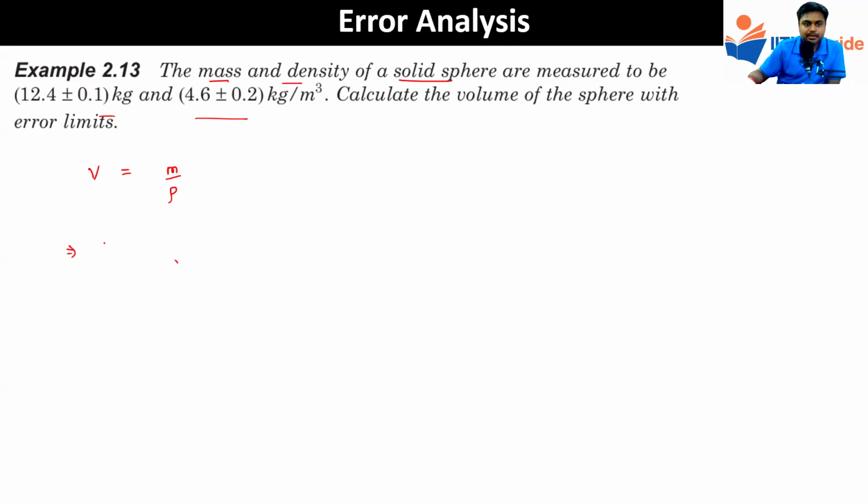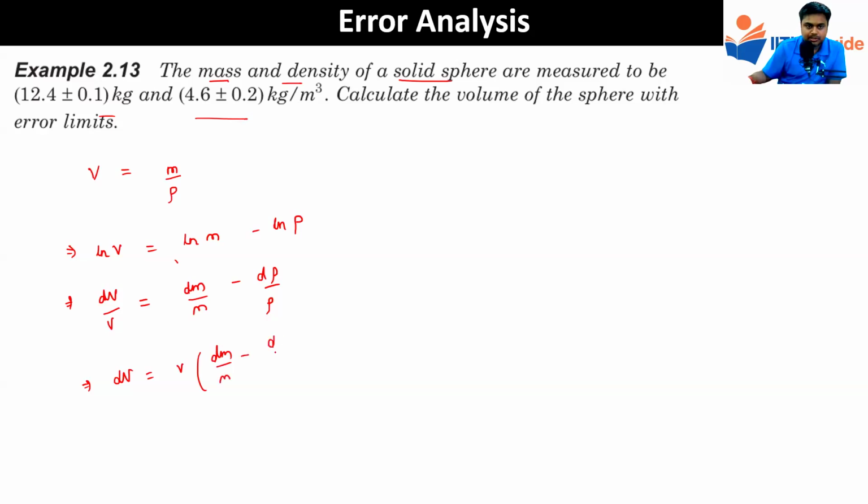So V equals M by rho. We take ln on both the sides. So ln V is equal to ln M minus ln rho. Differentiating, dV by V is equal to dm by m minus d rho by rho. So we have dV is equal to V into dm by m minus d rho by rho.